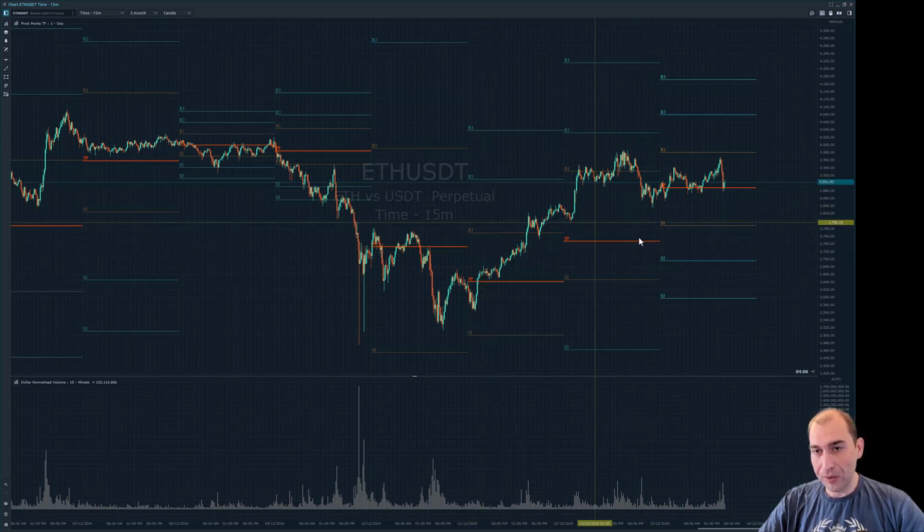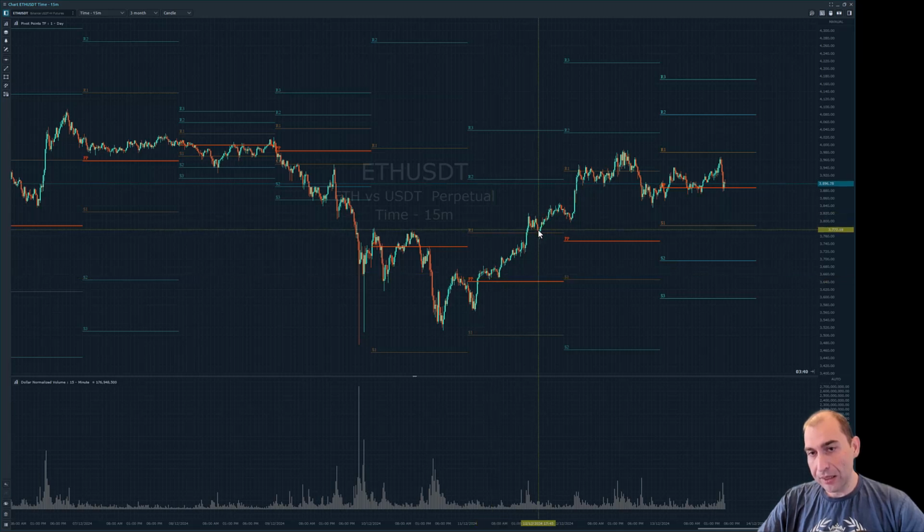So let's say if you expect that the price will go higher, then buying somewhere here, you can expect the price maybe to go to resistance level 1 or maybe resistance level 2, somewhere in between, based on the previous parameters. So let's say here it was the pivot point and the expected exit was resistance number 1.